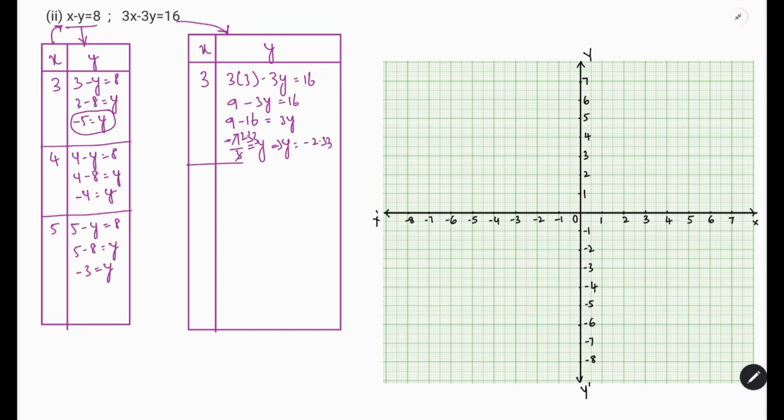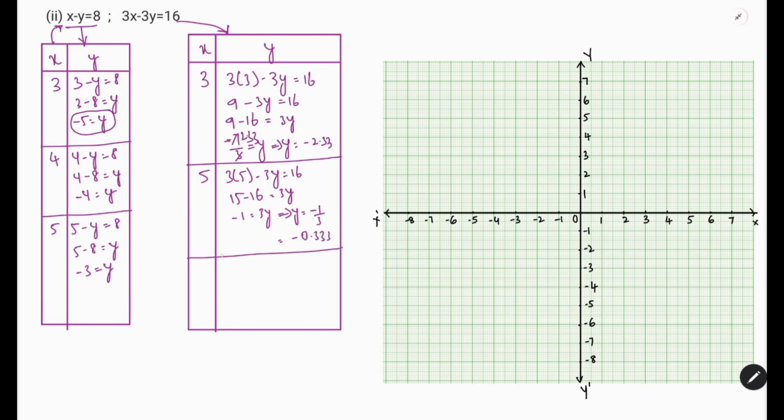Okay, if x equal to 5, 3 into 5 minus 3y equal to 16. So 15 minus 16 equal to 3y. 15 minus 16 is minus 1 equal to 3y. So y equal to minus 1 by 3, which is 0.33, so minus 0.33.